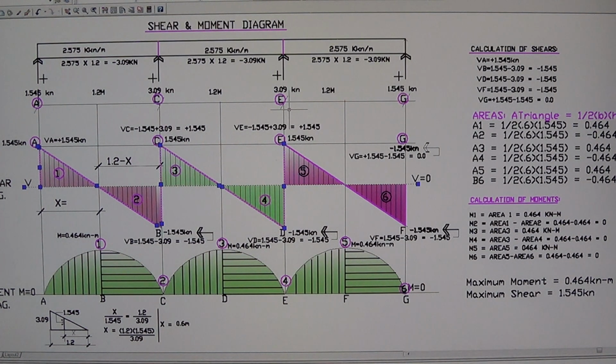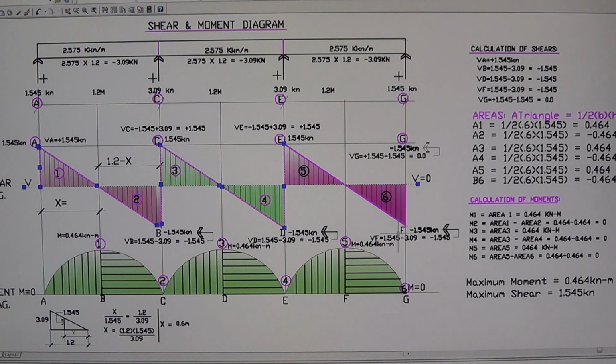Going forward, now you're going to F. The next is F. The shear at F is the shear at E, which is positive, the same thing, 1.545, and since there's a load here, the reaction here, you have to stop there. Okay, so we all need this load and calculate against this load here.